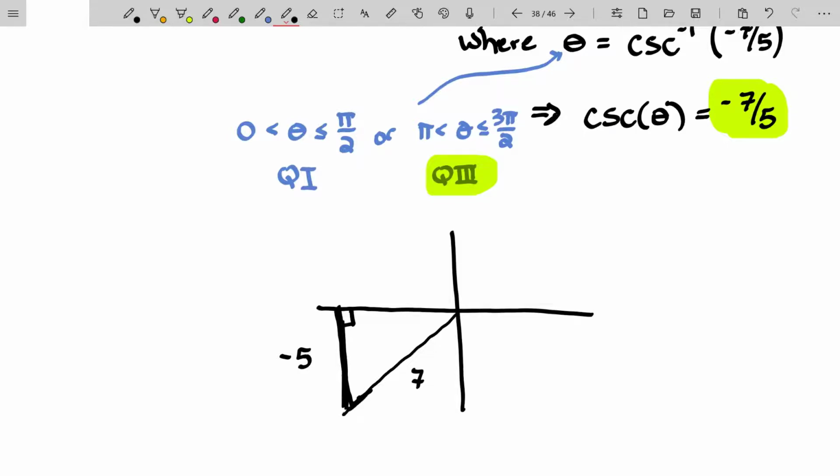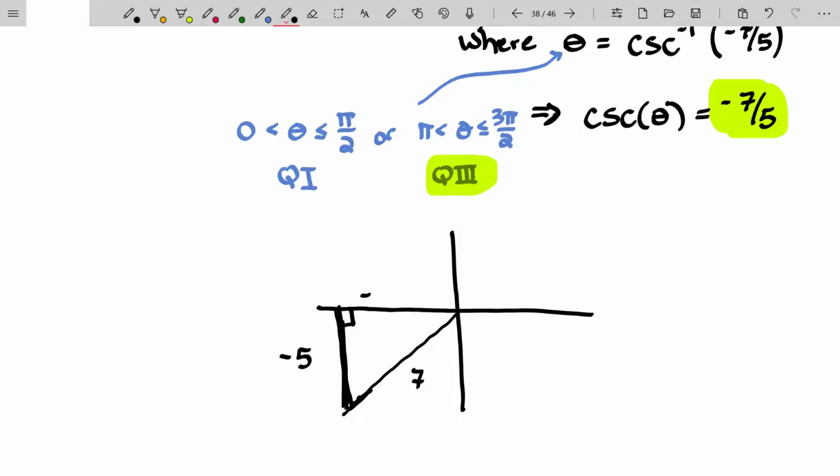Sorry about that. So now we're going to use the Pythagorean Theorem to help us find that missing side length. 49 minus 25 is 24. And so this will be the negative square root of 24. I say negative because if you look at that x value, it's going back along the x-axis, so it has to be a negative number.